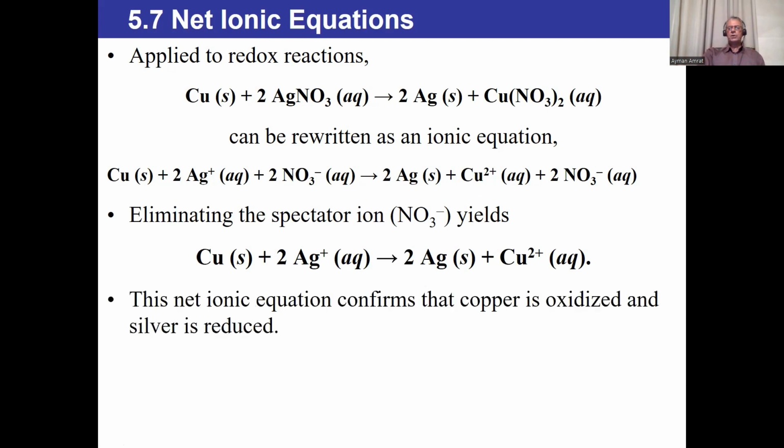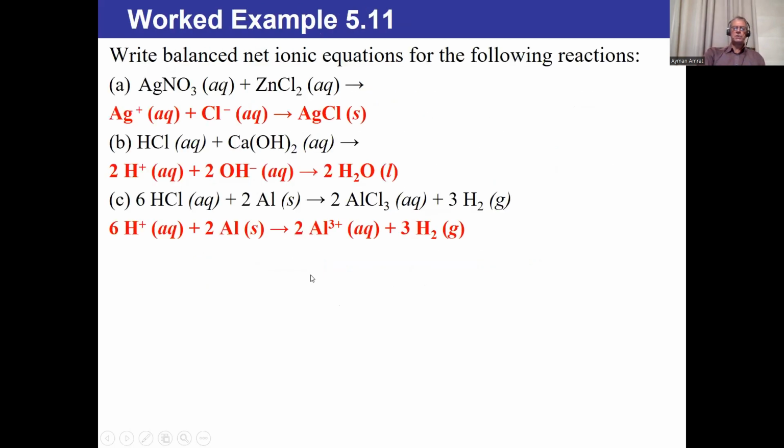The net ionic equation confirms that copper is oxidized and silver is reduced. Copper changes its oxidation number from 0 to 2+, an increase in positive charge, which means oxidation, while Ag+ converts to Ag0, a decrease in positive charge, which means reduction. Cu is oxidized while Ag+ is reduced.